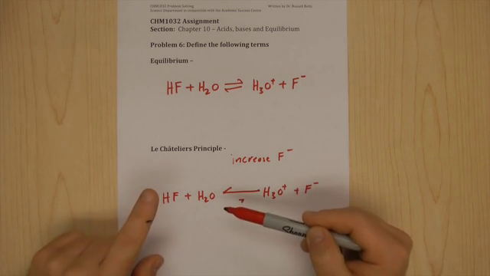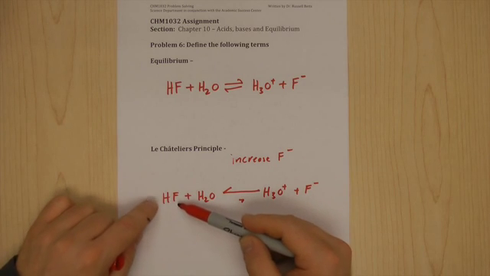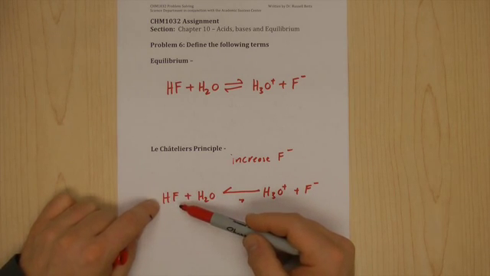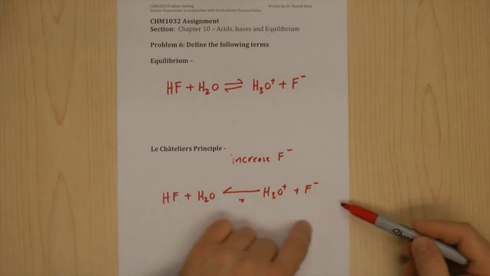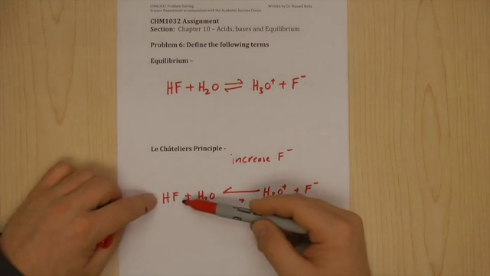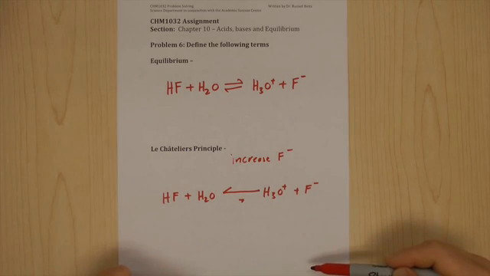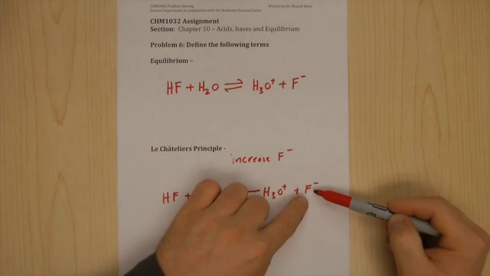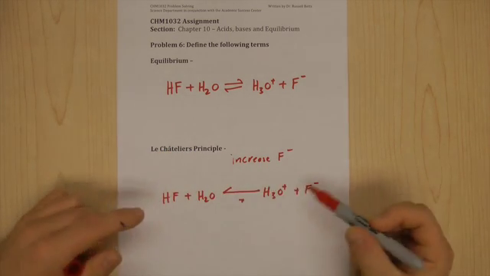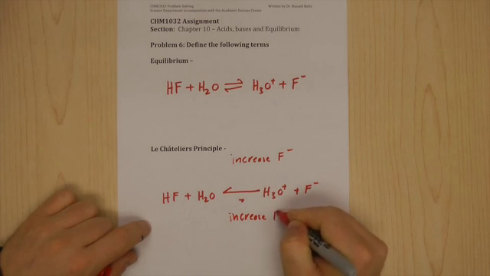Okay? Now, I didn't have to increase F minus. I could have increased HF. If I increased HF, the reaction would have shifted this way, because now there's more HF to collide with more water to make more products. Okay? Try that again. If I increase F minus, the equilibrium shifts this way. So let's say I increase HF.